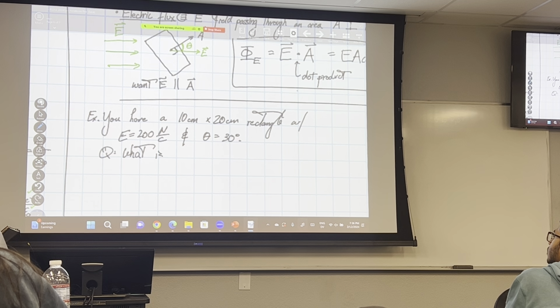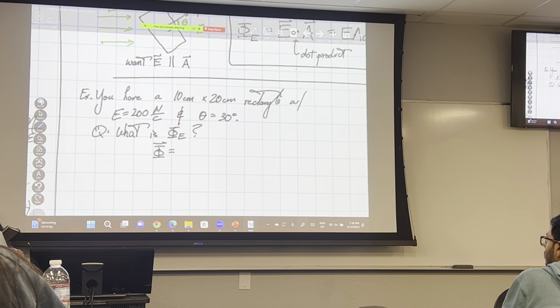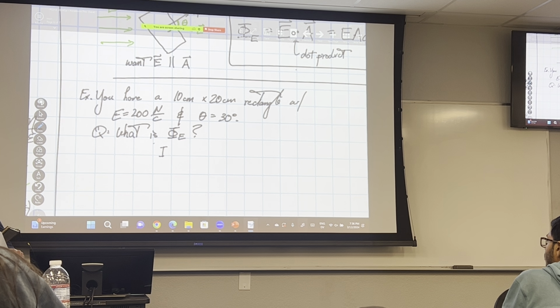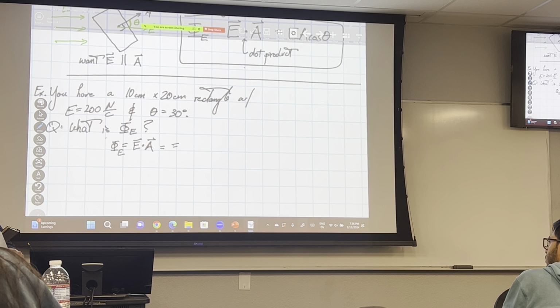Simply, what is the electric flux? Well, the electric flux is the dot product of the electric field and the area vector, where the dot product we know is simply the magnitudes times the cosine of theta.